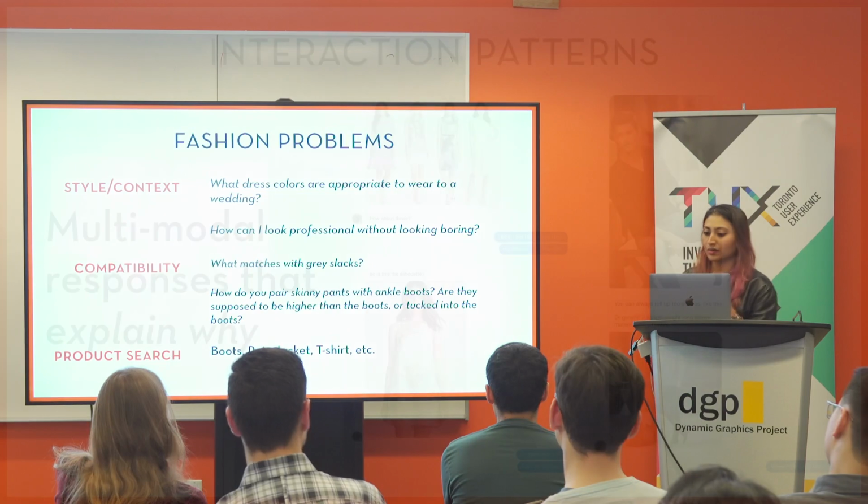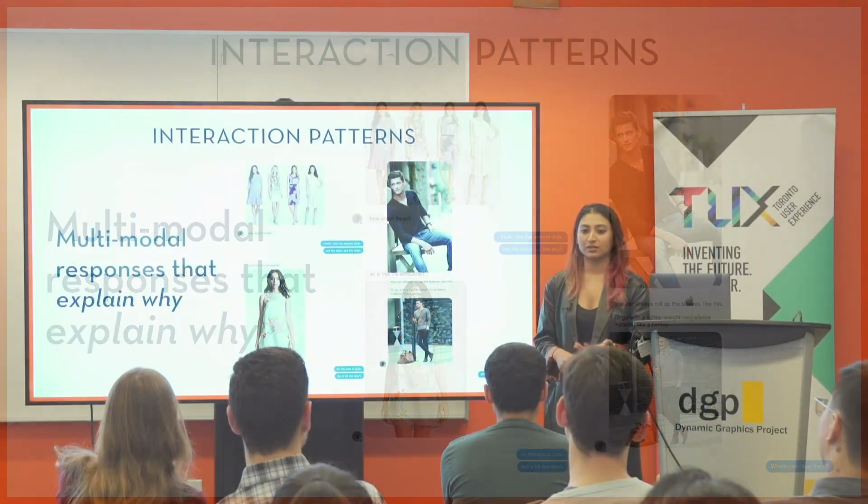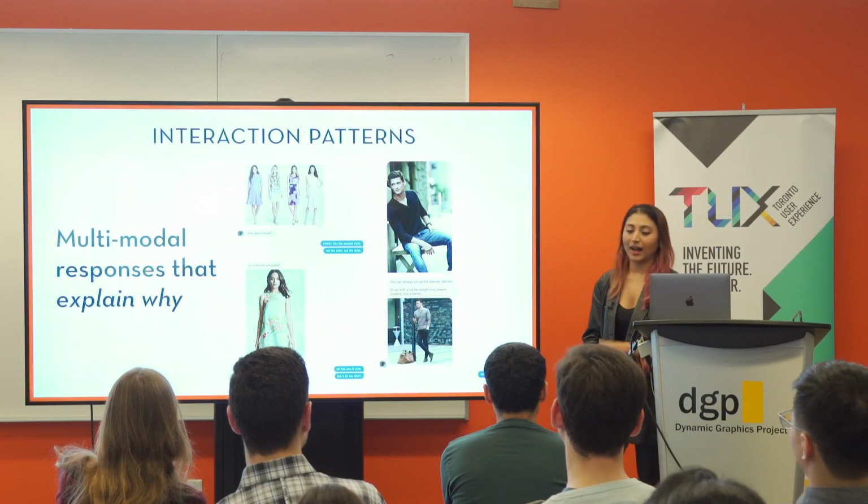And so it was also interesting because we also got to see how the humans, the stylists, were responding to the users in order to answer their questions. And so the most common interaction pattern that we really took to heart was that people use this multimodal response style all of the time. So they wouldn't just recommend items.